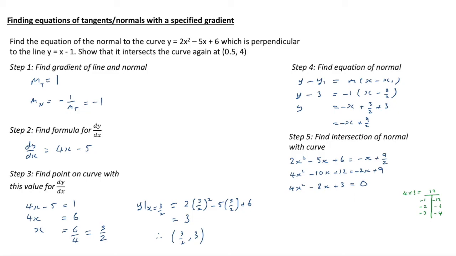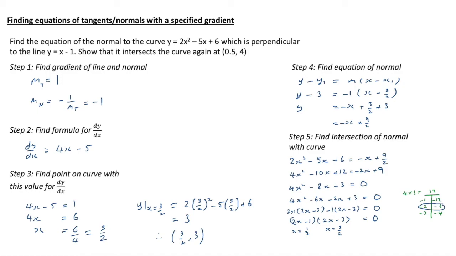So that is our little table, and we can see that the minus 2 times minus 6 is 12, and minus 2 plus minus 6 is minus 8. We can therefore split the minus 8x into minus 6x minus 2x, and we carry on through working out the factorization, and we end up with two solutions, x equals a half and x equals 3 over 2.